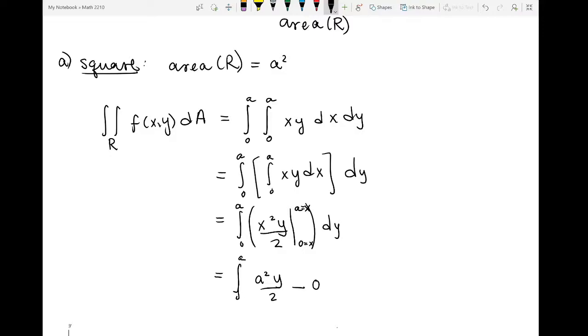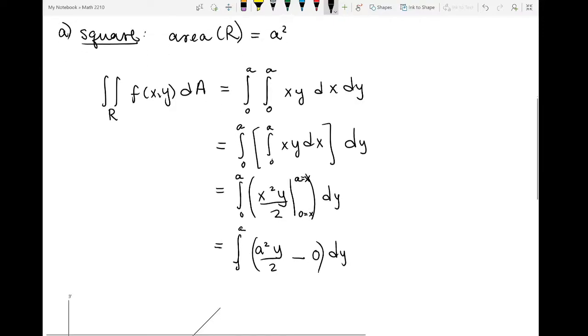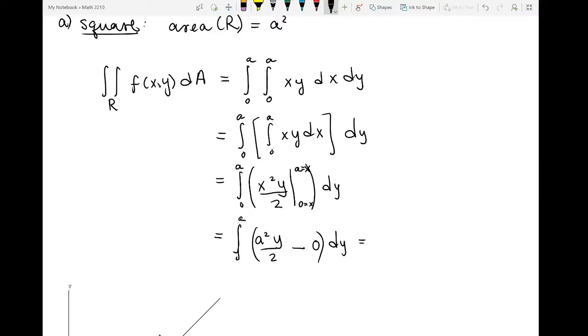Right. So now I can compute this integral with respect to y. This is going to be equal to the integral from 0 to a of a squared y over 2 with respect to y, and we can integrate that pretty quickly. We see that that's just going to be y squared over 2 times this a squared over 2, and I need to evaluate that at those points.